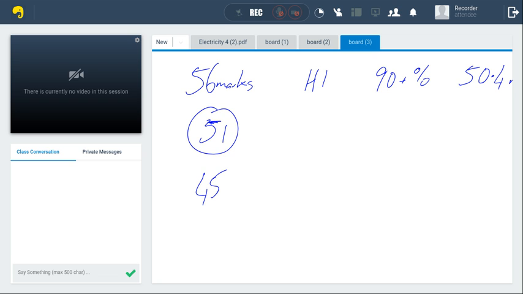If you got 45 marks in one question, which is actually pretty good, you couldn't even make up for it in the next question. If you got 45 and 46 and 56, you'd still have to get a 52 in the next question to bring you up to that average across these three.